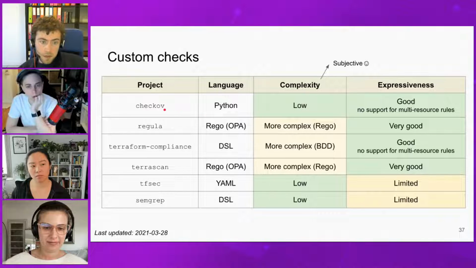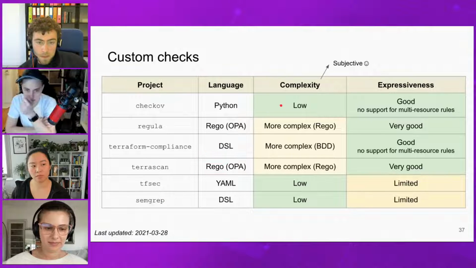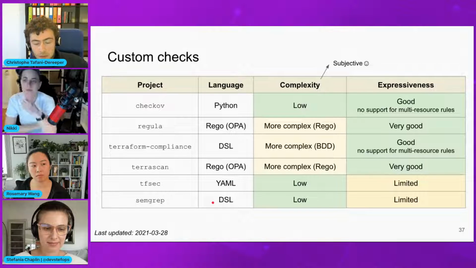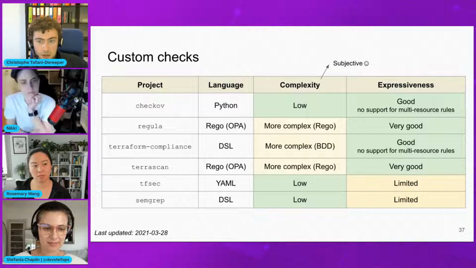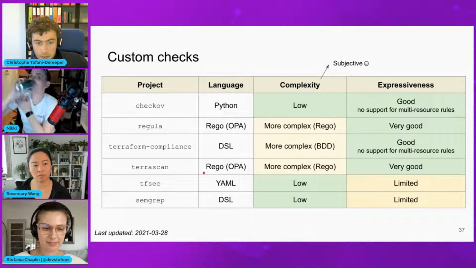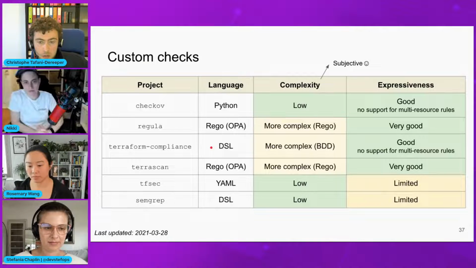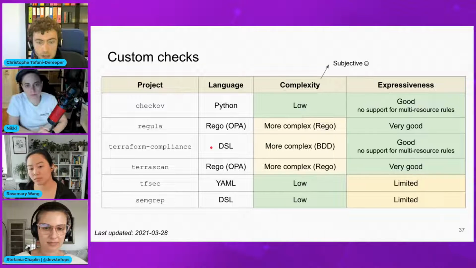Typically Checkov, TFSec, and Semgrep are going to allow us to write checks in Python, YAML, and in a Semgrep DSL, which makes it easy to write, but maybe a bit more limited in terms of expressiveness, typically for multi-resource correlation. And Regula, Terraform Compliance, and Terrascan are going to use Rego and a DSL, which makes it, in my own opinion, a bit more complex to write, but also gives us more expressiveness as well.